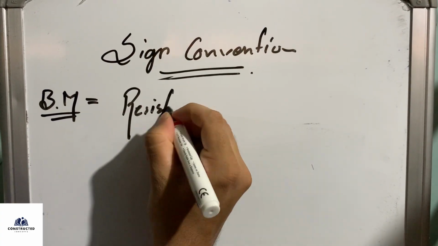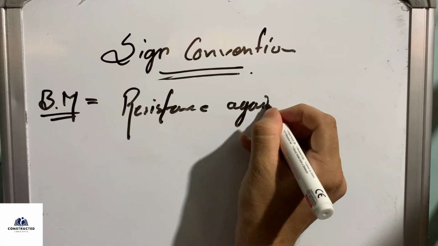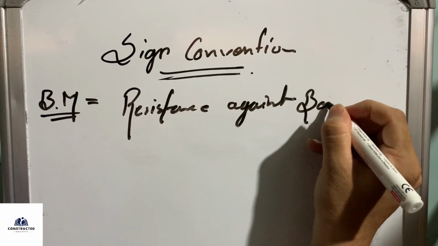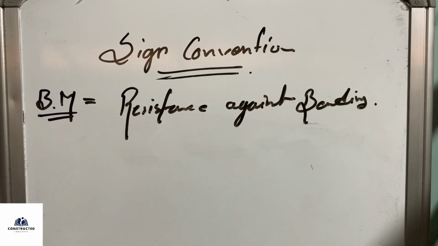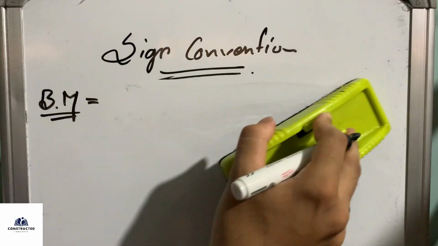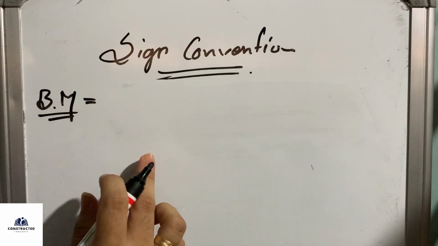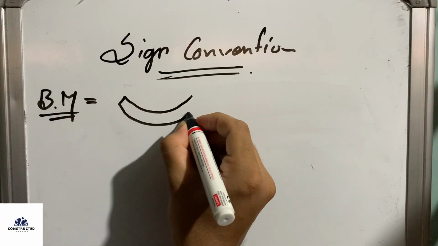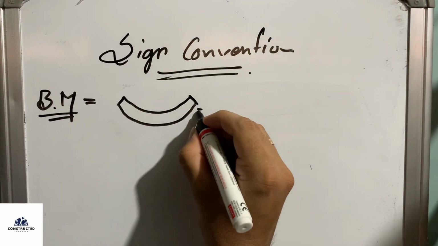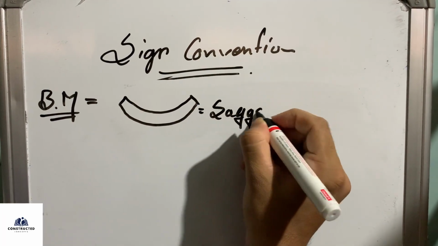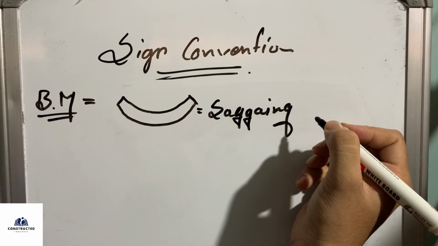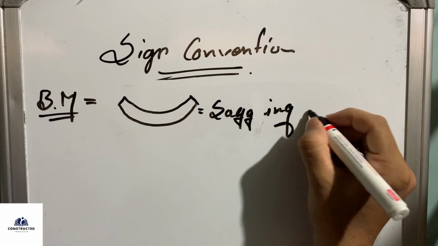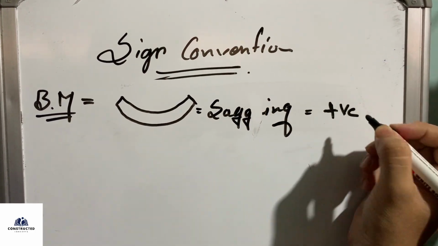Now let's go for the bending moment. Bending moment is generally a resistance against bending. Yes, it's a bookish definition. So how does the bending moment sign change? Let's go for sagging first. This one is sagging. For sagging, the bending moment is positive.